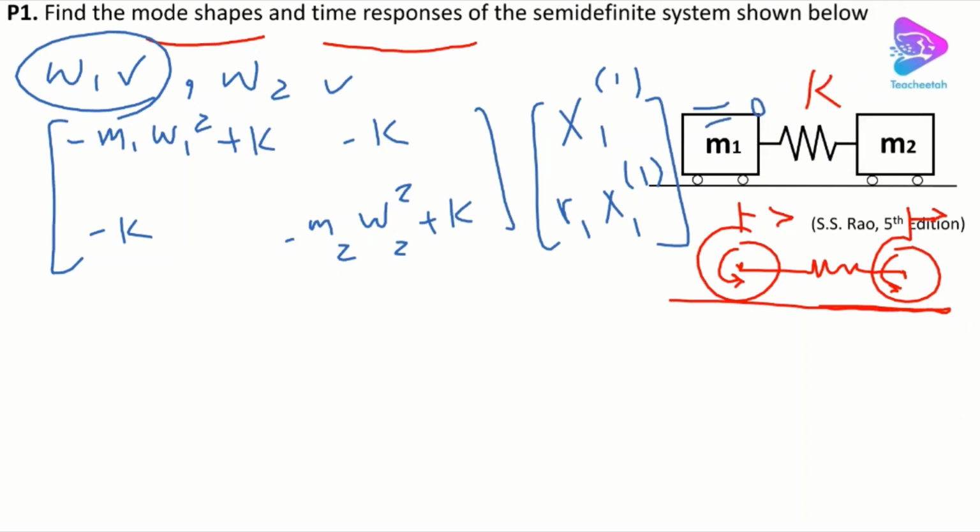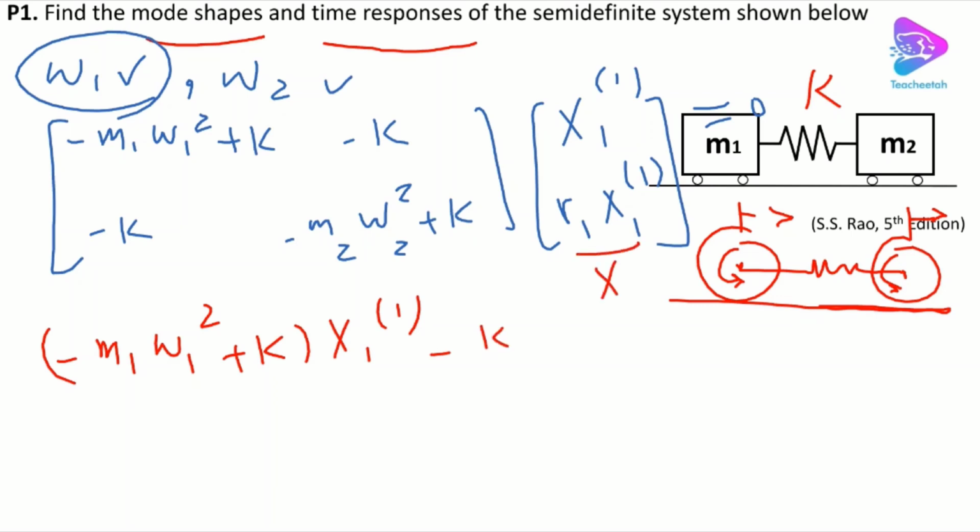So we have (minus m1 omega 1 squared plus k) times x11 minus k times x21, right? So this equals (minus m1 omega 1 squared plus k) x11 minus k r1 x11 equal to 0.